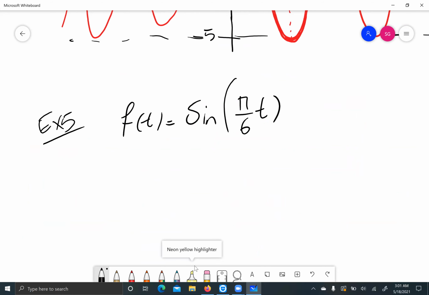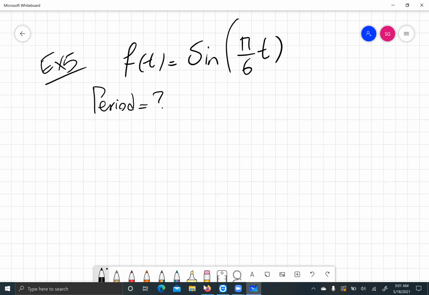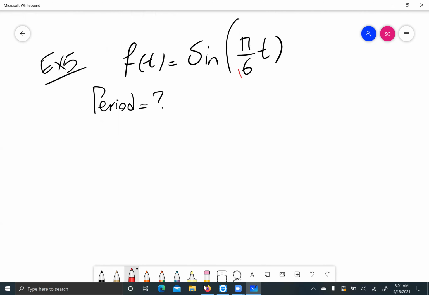And the question is, what's the period of this function? As you can see, this is a sine function where the input is multiplied by a value. This is your b.